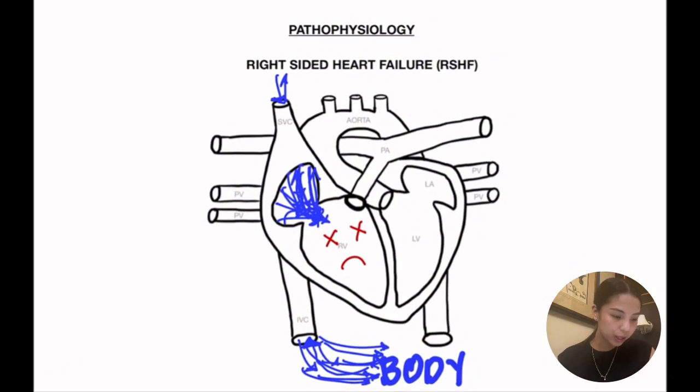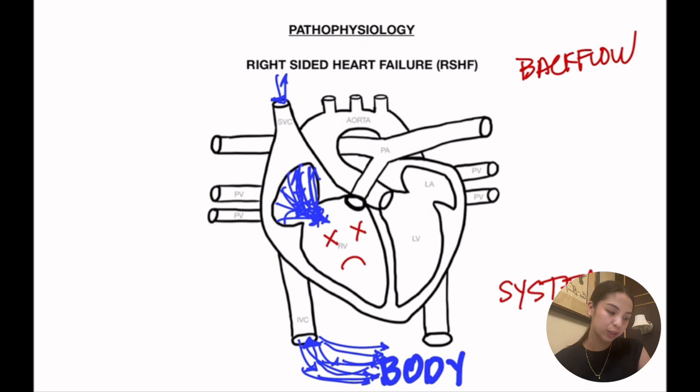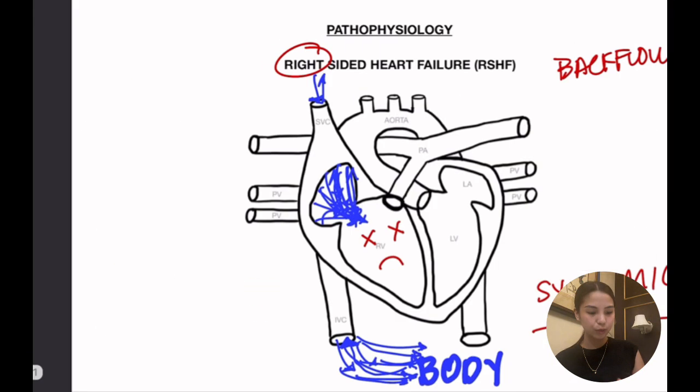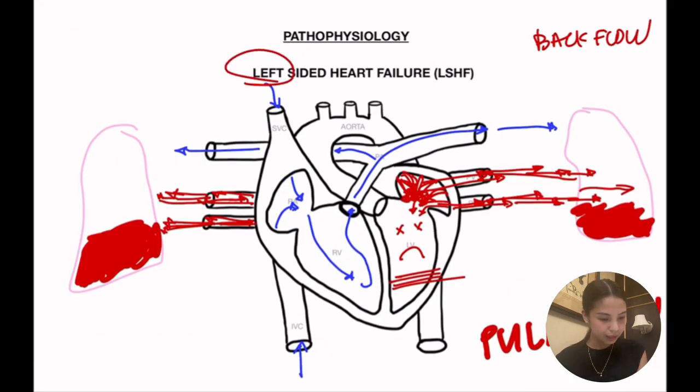So the problem here, again, it's still the concept of backflow, but the problem here is not pulmonary, it is systemic, meaning the rest of your body, if it is right-sided heart failure. So again, in left-sided heart failure, the problem is pulmonary.